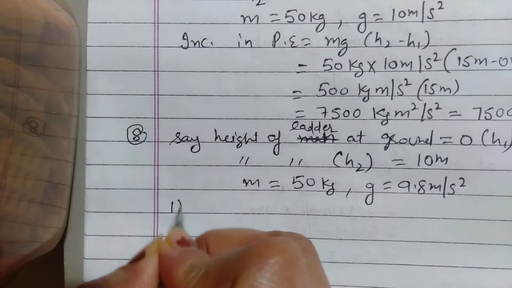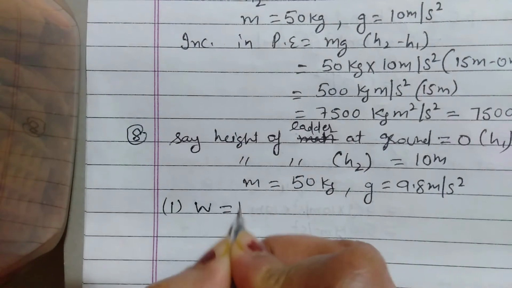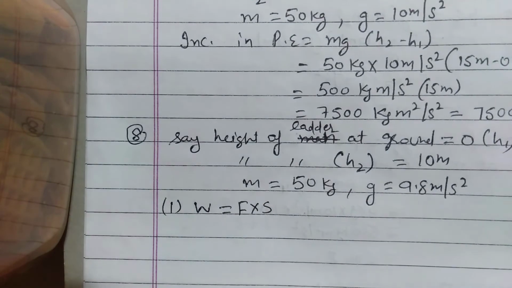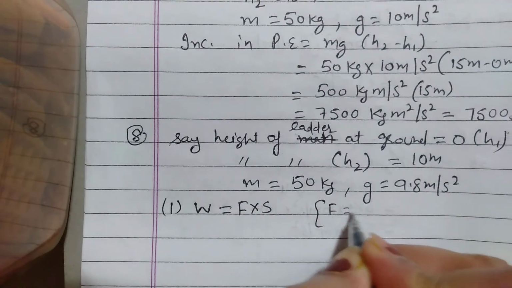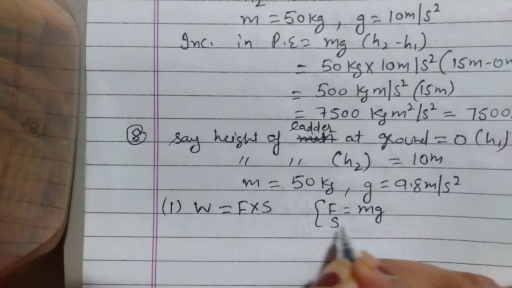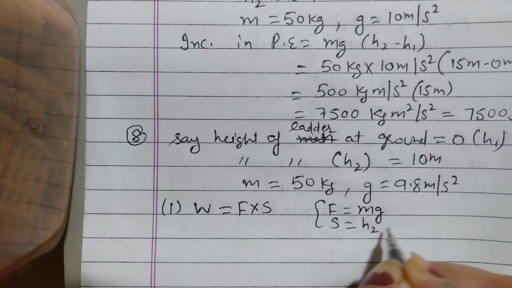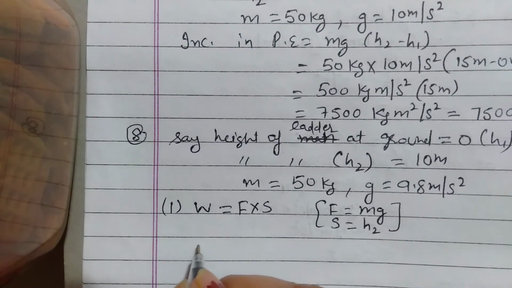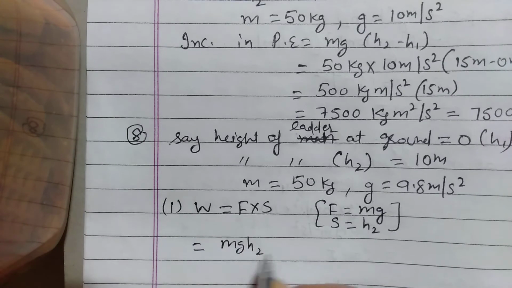In the first part we want to find out work done, which is equal to force into displacement. Here force will be equal to m into g and displacement will be equal to h2. So it will be mgh2.